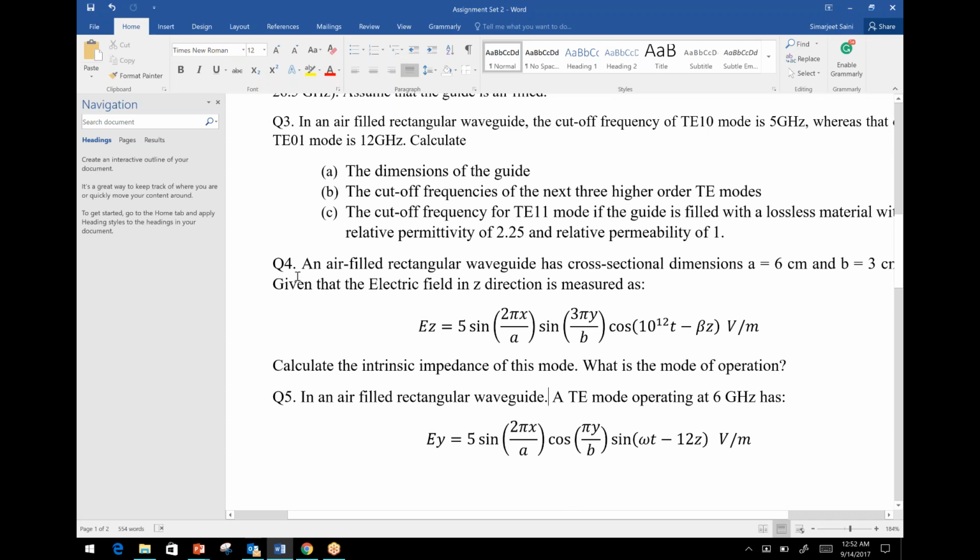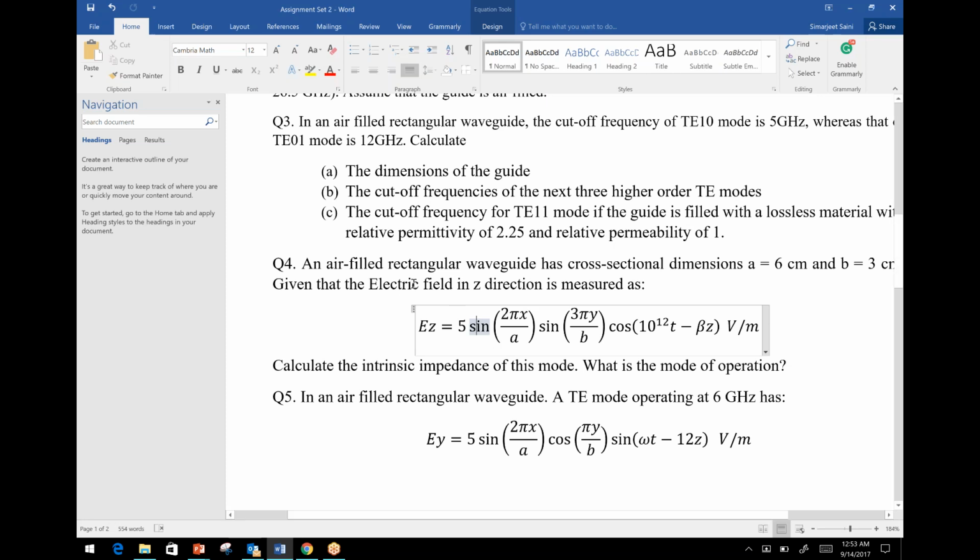Questions 4 and 5 are questions where you now have to identify from the field. The field is given to you. You have to identify from the field various terms which are present, and from there determine what kind of mode you are exciting.